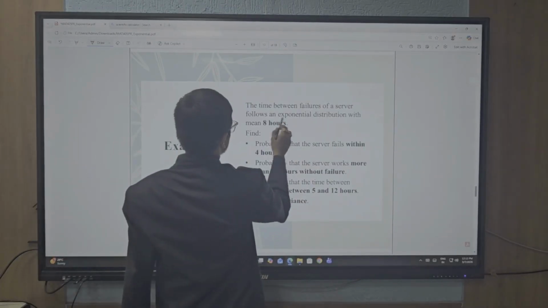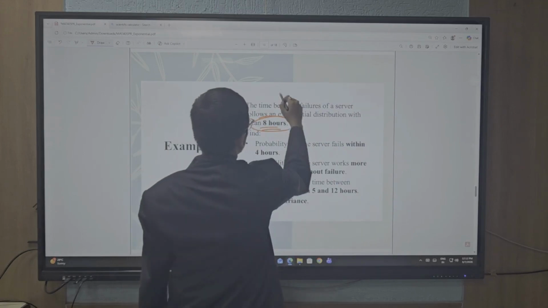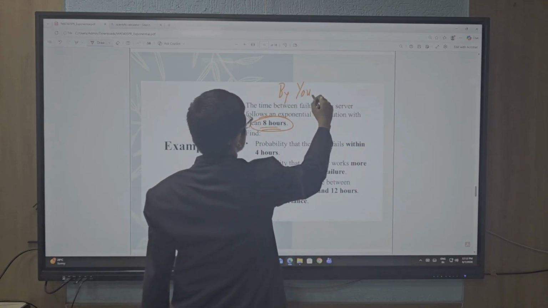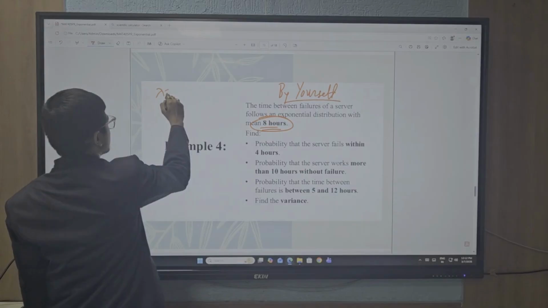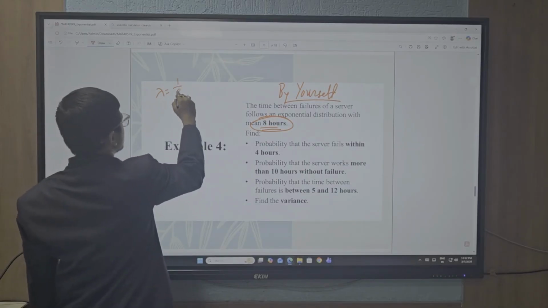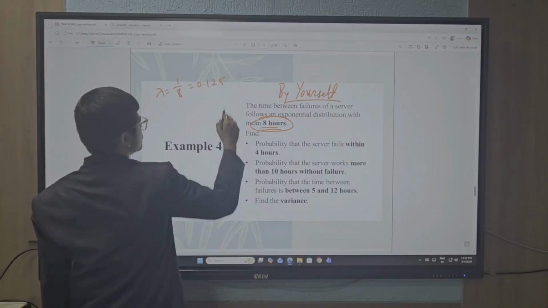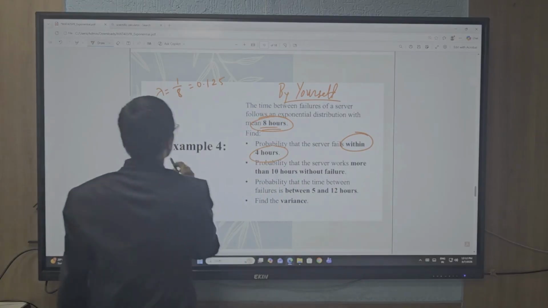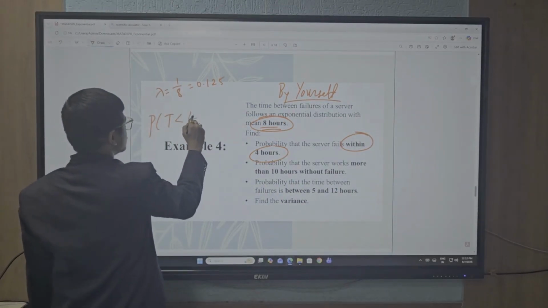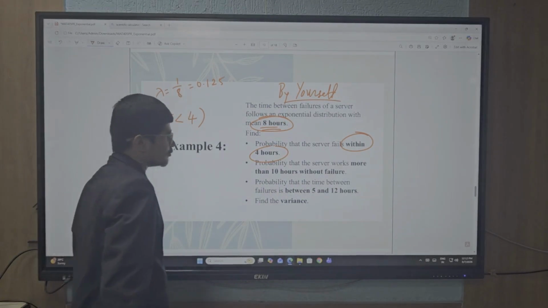So my dear students, this is one practice example you can solve by yourself. Here I just give you a hint. Mean equal to 1 by 8, which means lambda is 0.125. Within 4 hours means you have to calculate t less than 4.